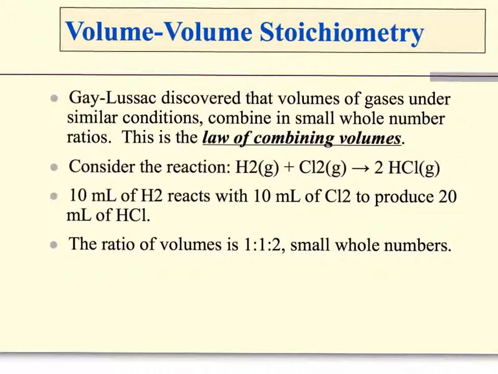We can use our coefficients to determine our volumes of our gases. Let's say that our problem gives us 10 milliliters of hydrogen gas. It would react with 10 milliliters of chlorine gas to produce 20 milliliters of HCl. And we do this because we are using our coefficients. So the ratio of the volumes is a 1-1-2 ratio using those coefficients.